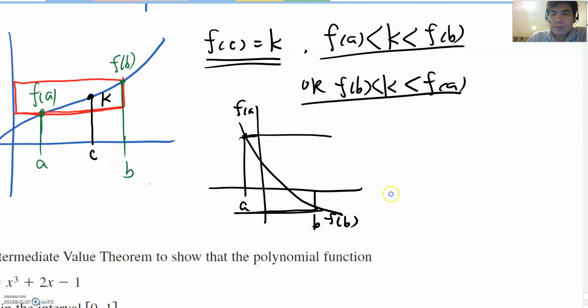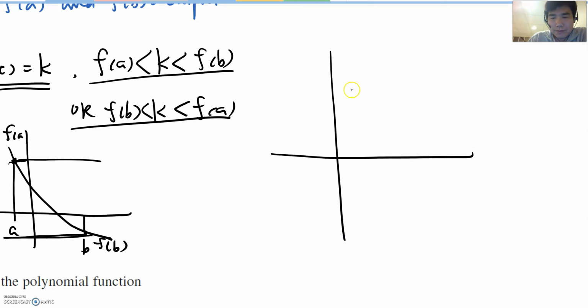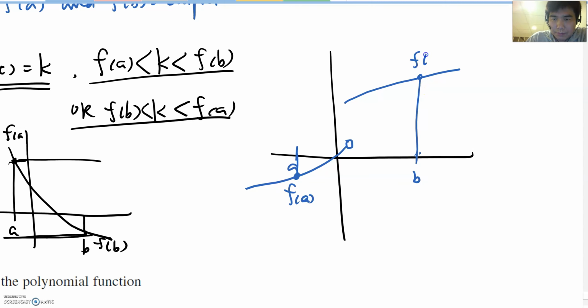However, this theorem does not work if the function is not continuous, such as. Now we have two different graphs, maybe like this and like that. Then I'm going to make this a and this b. Then a corresponds right here, so this is f(a), and b corresponds right here, so this is f(b).